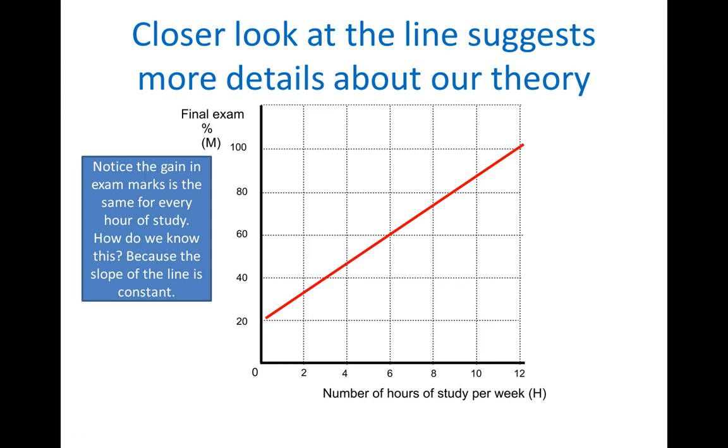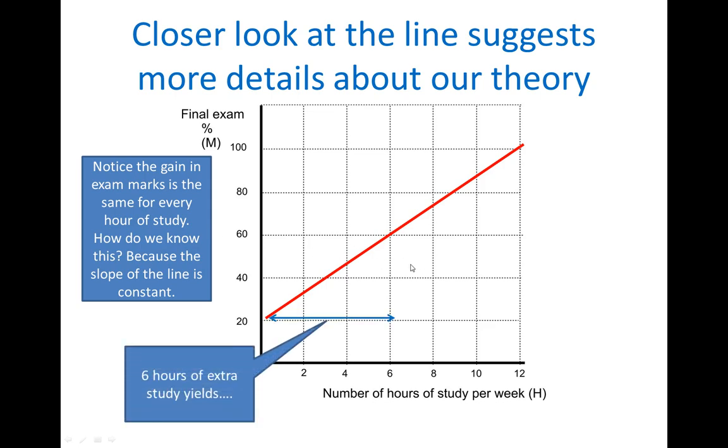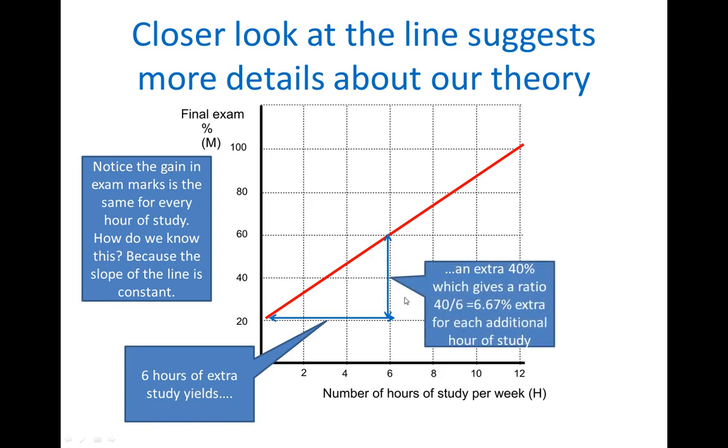So slopes are also something that are important for students to understand when interpreting graphs. For instance, if you have 6 extra hours of study, the gain according to this theory would be an extra 40%, which gives a ratio of 40 divided by 6, or 6.67% for every hour of extra study.